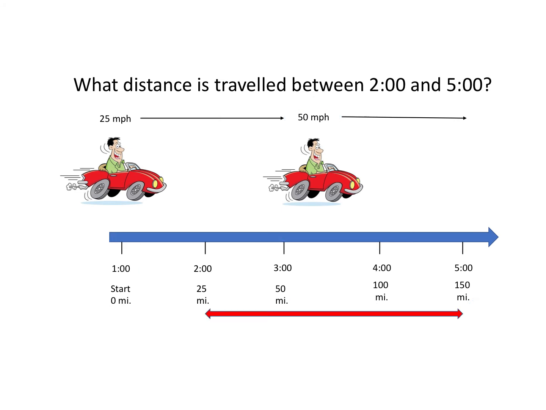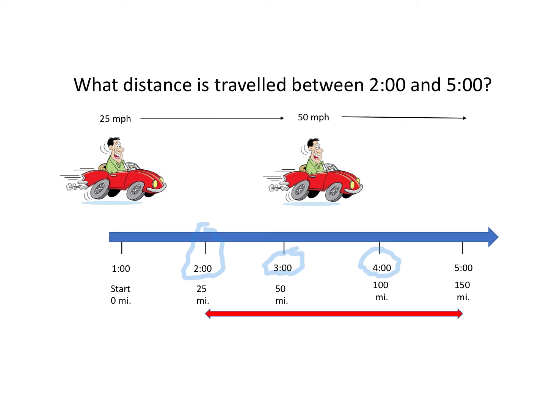So let's look at our picture here to see how far he would have traveled between 2 and 5. Well, let's say the starting time is at 2 o'clock, all right? He's going 25 miles an hour, so at 3 o'clock, he would have traveled 25 miles from 2 to 3. But at 3, he increases his speed to 50 miles per hour, so until 4 o'clock, he would have traveled an additional 50 miles, or now 75 miles from 2 o'clock.